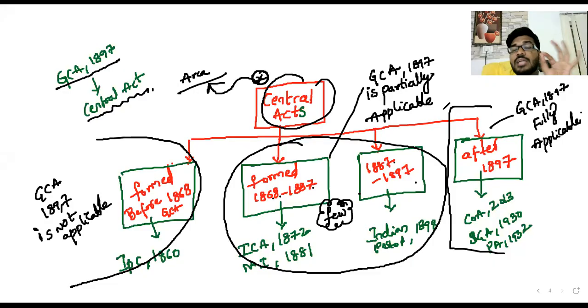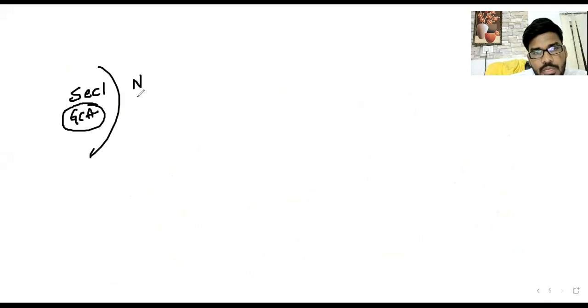Applicability of the General Clauses Act is only towards Central Acts, which are segregated into four parts: formed before, between, and after. Before, not applicable; between, partial applicability; after, fully applicable. That is nothing but Section 1 of the General Clauses Act: name, applicability, and coming into force.